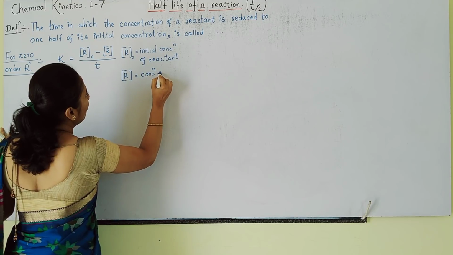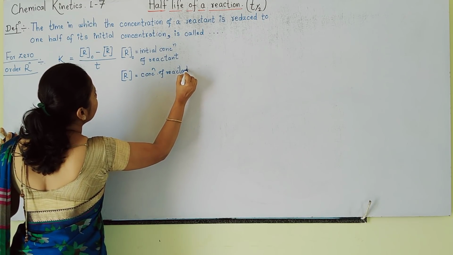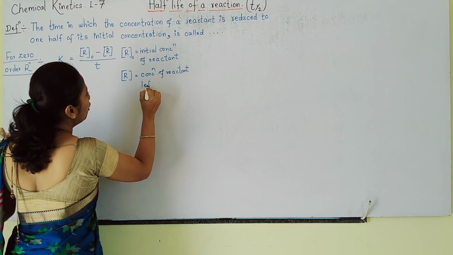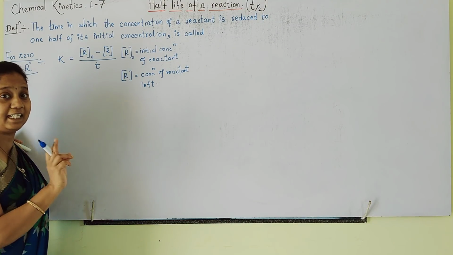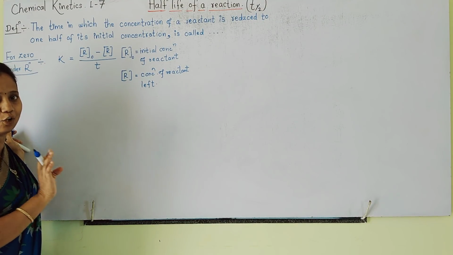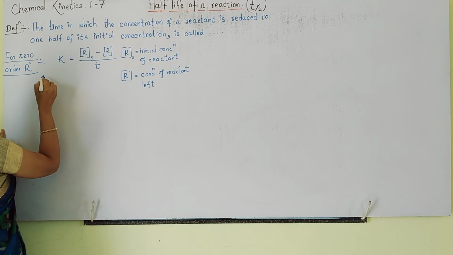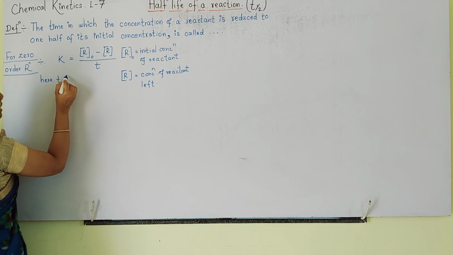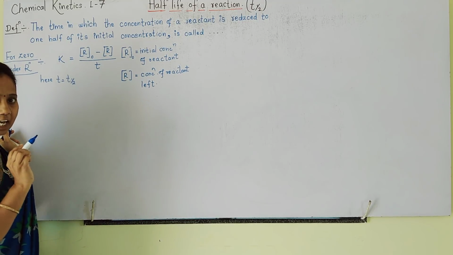Concentration of reactant left. How much is left? That is called R. How much is initial? That is called R naught. Now here for half-life, always T is equal to T half you should consider. Okay, T means T half, half-life.